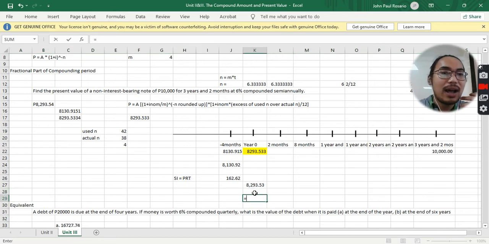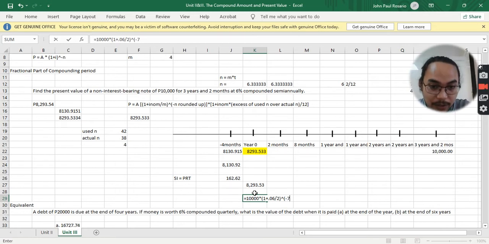So, our compound amount is 10,000. We multiply that by 1 plus our i, 0.06 over 2, or you can just simply use 0.03, since we know that already. We raise that to, how much is our rounded up number of compounding periods?